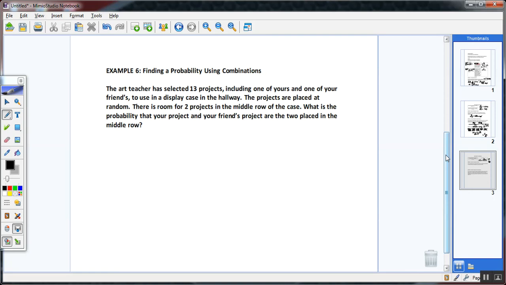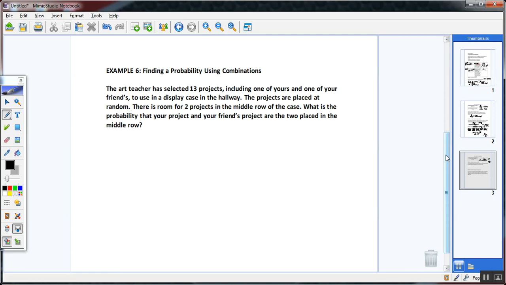No, the only thing that matters is those 2 pictures are the ones hanging in the gallery. The projects are placed at random. There is room for 2 projects in the middle row of the case. What is the probability that your project and your friend's project are the 2 placed in the middle row?